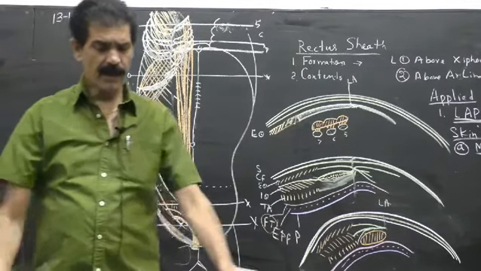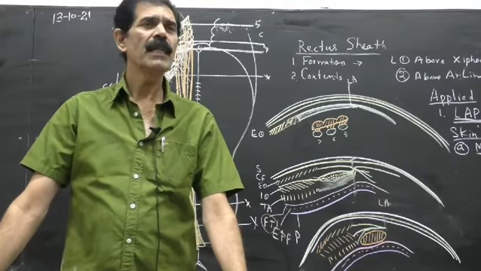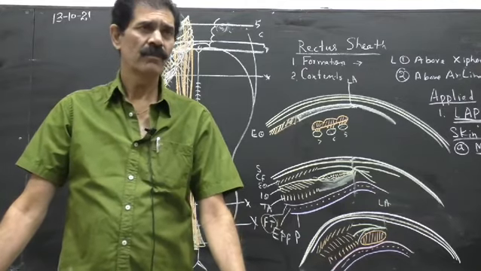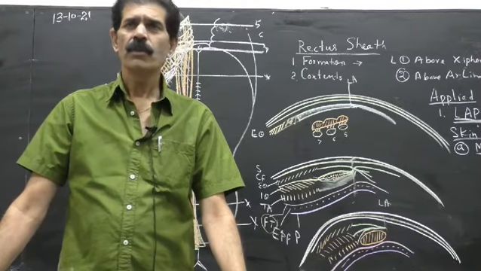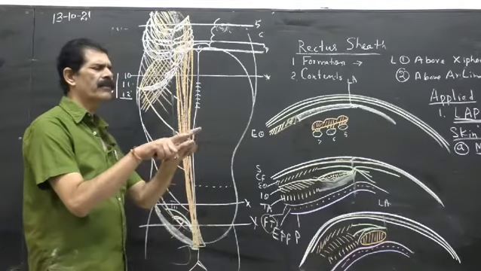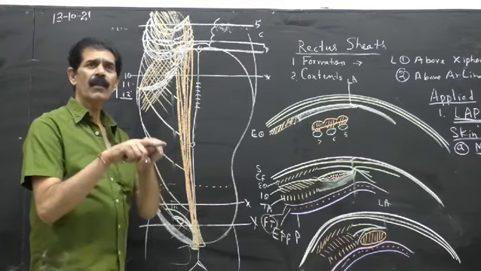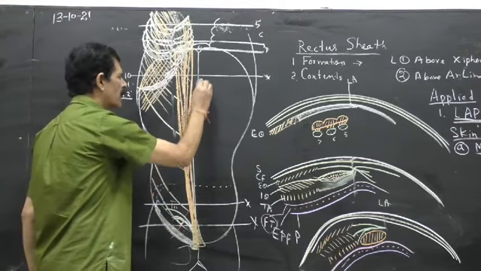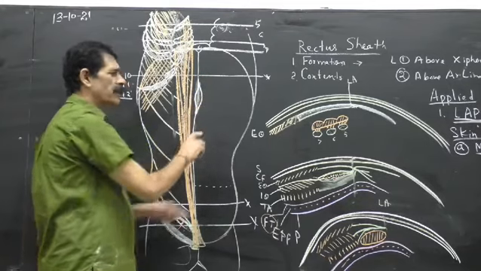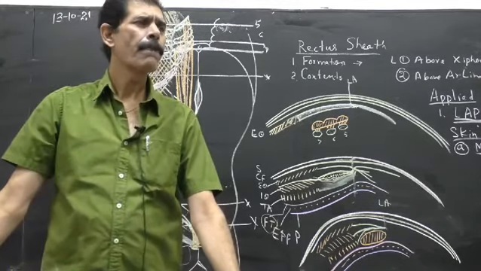But as I already told you, the linea alba is called the white line of the abdomen. White line means healing is very, very poor. So after the operation, there are chances that these stitches may not join the two cut edges of the linea alba, resulting, after a few months of the operation, in a gap or a split in the stitching area.